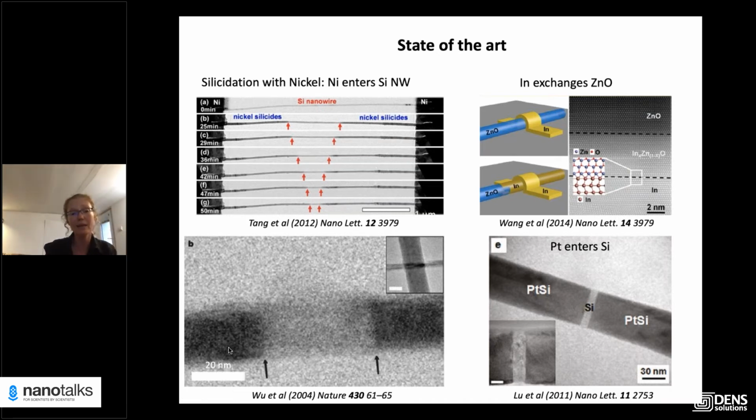So we can find a lot of papers on nickel in silicon, for example, this paper by Wu, also this paper by Tang. Also, other material combinations were studied. The focus is on silicon, but here, for example, platinum in silicon, and here also a study of indium propagating in zinc oxide.